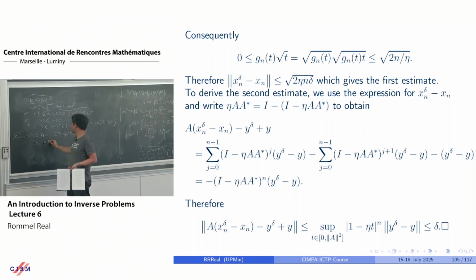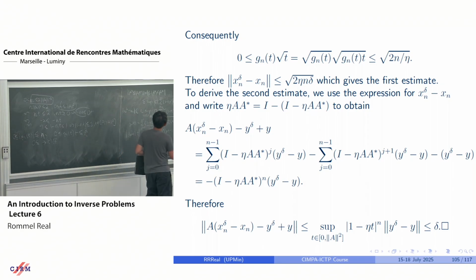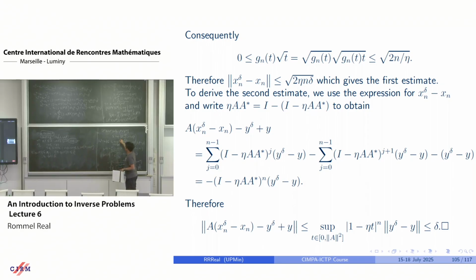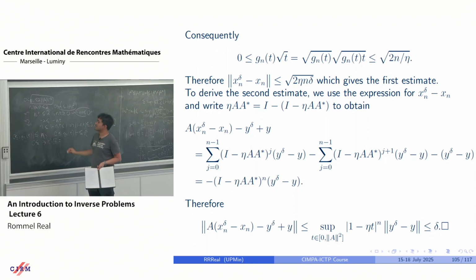If you have g sub n of t times square root of t, because we have a square root of t over here, it's safe to take the square roots because g sub n's are non-negative anyway.